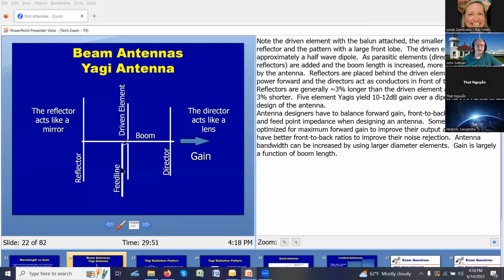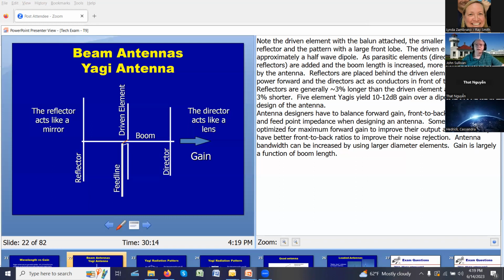We have one that's called the driven element. Remember from the definition we talked about, that's the element where the energy enters from the feed line into the antenna. So this is your driven element. This is your feed point and your feed line coming into it. This boom is just what's holding these elements on it.